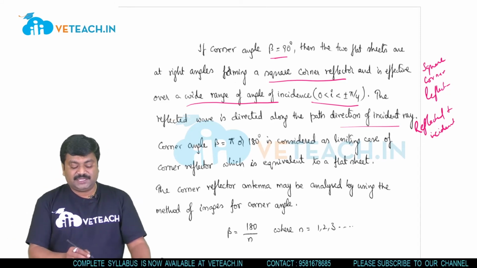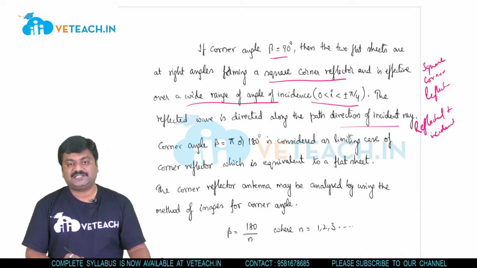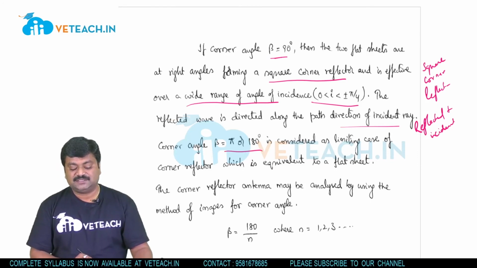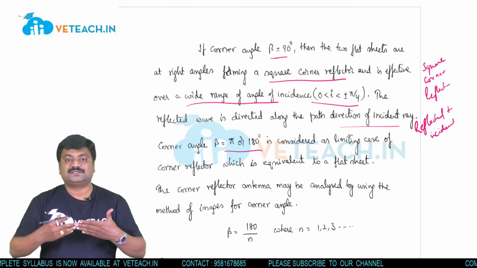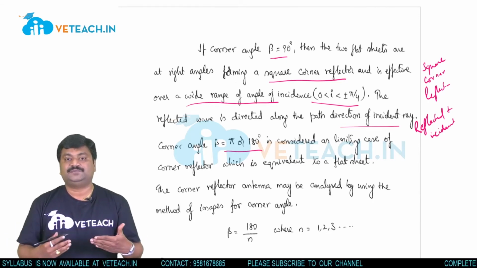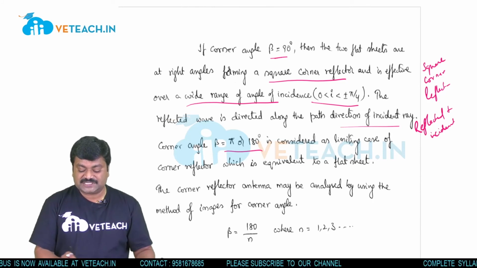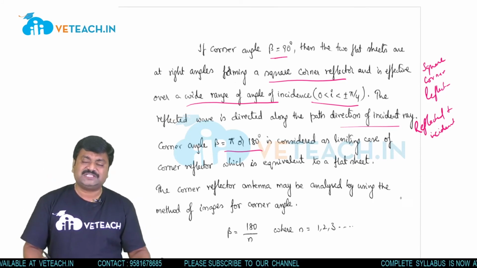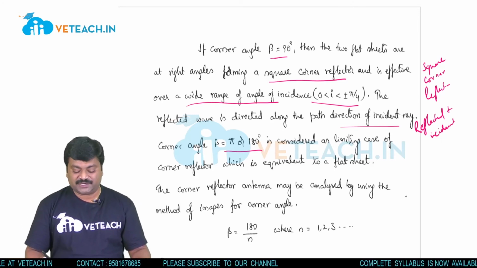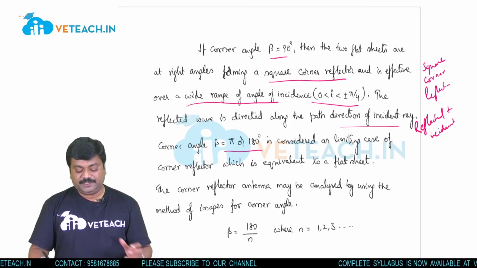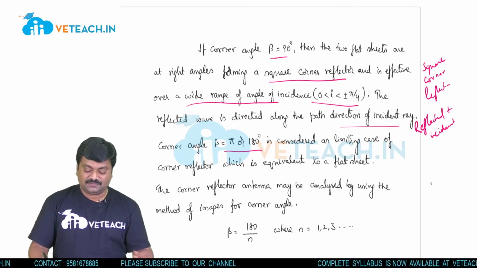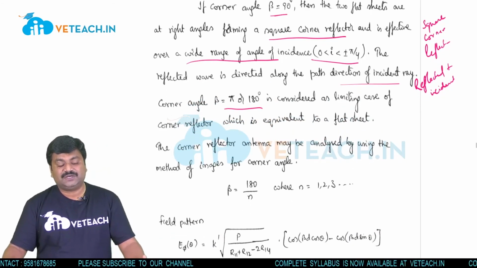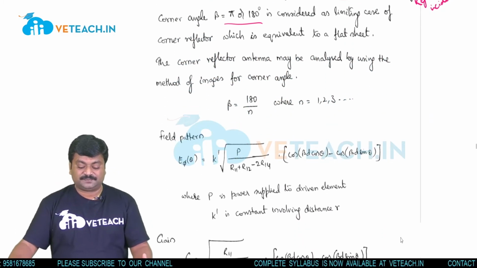The next case: if I take the two flat sheets meeting at an angle of 180 degrees, 180 degrees means cascading them back to back, which is equivalent to a flat sheet. So this is the limiting case, which we cannot consider, but it may be analyzed by the method of images, which is given by beta equal to 180 by n.